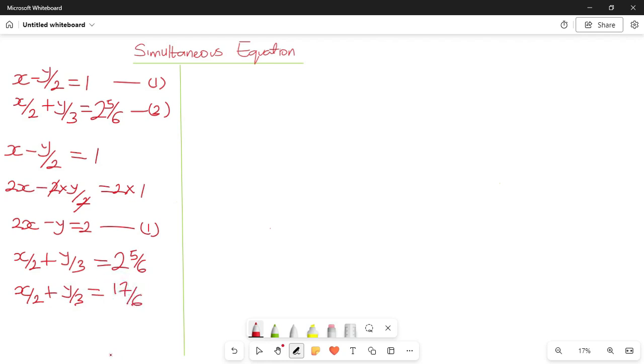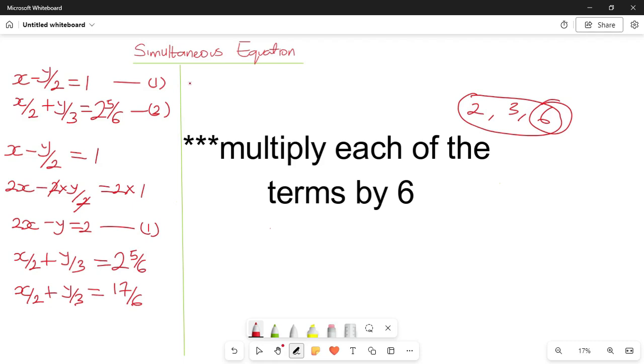So now I'm going to do the same thing. But in this case, we have 2, 3, and 6. So just look for a number that each of these three numbers will divide without any remainder, and the number is obviously 6. 6 times x over 2 plus 6 times y over 3 equals 6 times 17 over 6.